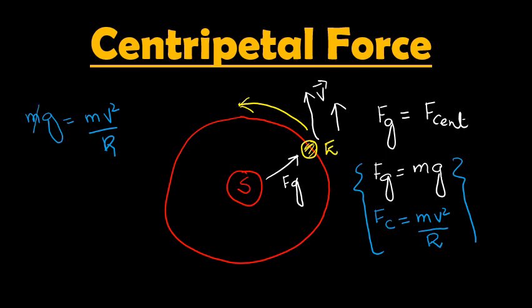Mass will cancel with mass, then gravity is equal to v square divided by r, and from here we can get the radius of the Earth's motion around the sun. By just doing this, the radius is equal to the velocity of the Earth around the sun divided by the gravity g.